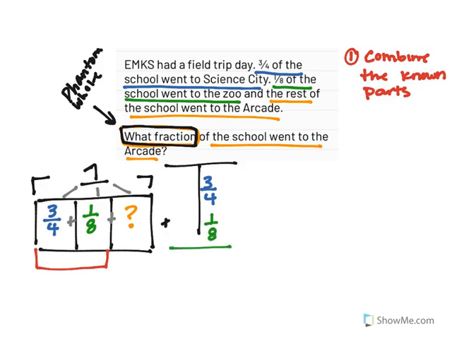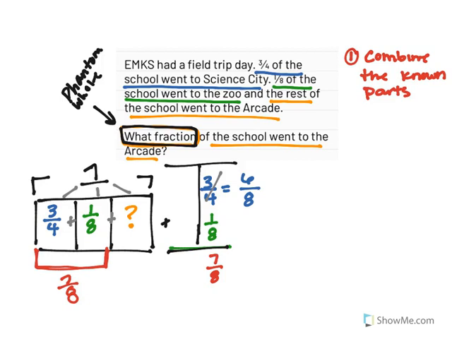We're combining the students who went to the Science City and the zoo. Different denominators, so we have to convert to eighths because 8 would be the LCM. So that means we only have to change 3/4, so we now have 6/8. 6/8 plus 1/8 is 7/8. So the fraction of students who went to the Science City and the zoo combined was 7/8.